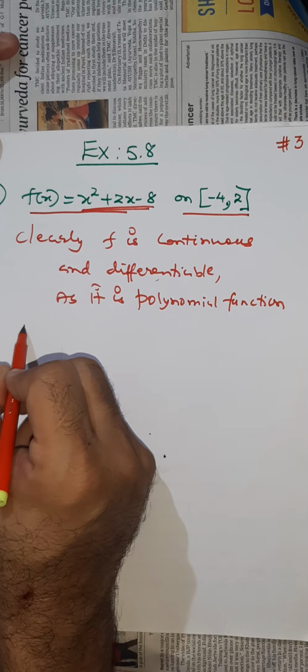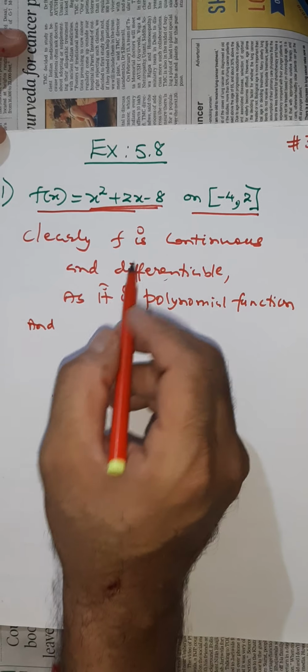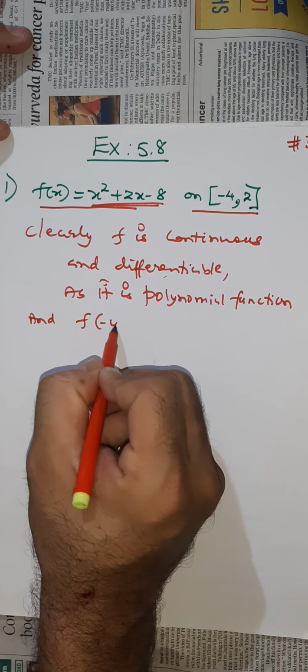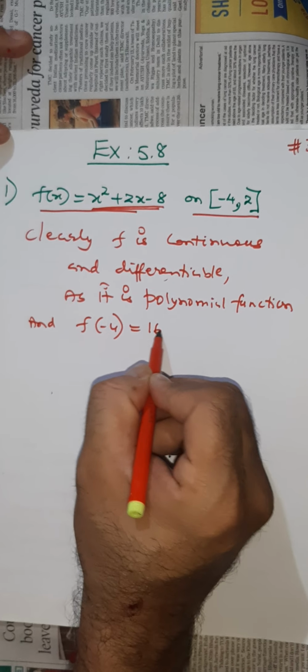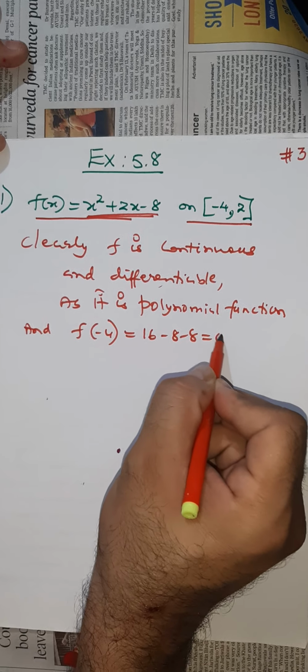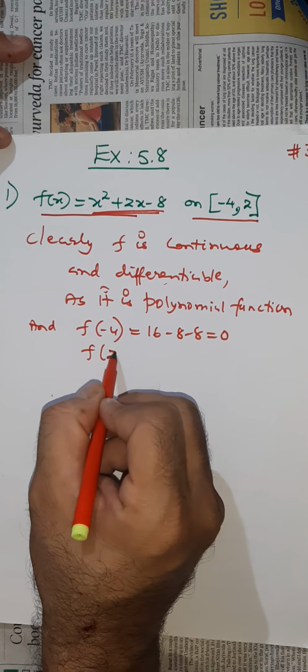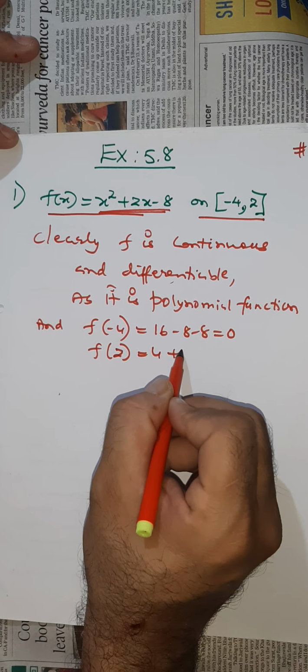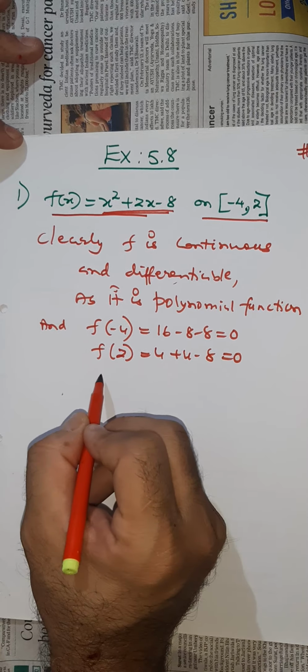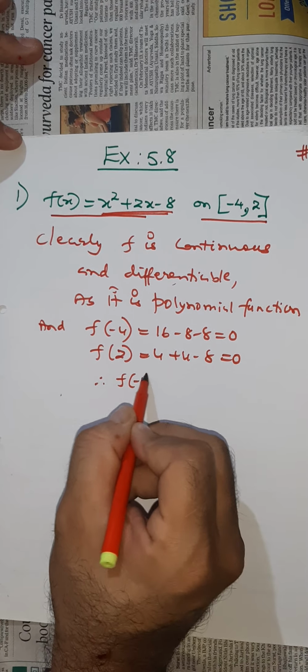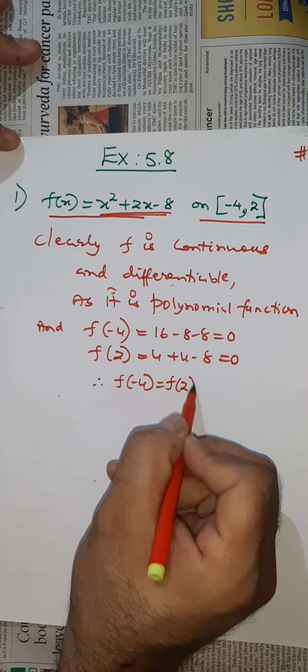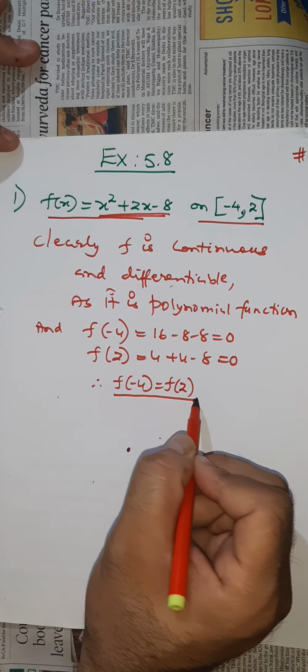Now the third condition for Rolle's theorem. You find f of minus 4. So 16 minus 8 minus 8, it is 0. Find f of 2, which is 4 plus 4 minus 8, which is 0. So therefore f of minus 4 equals f of 2. Third condition holds.